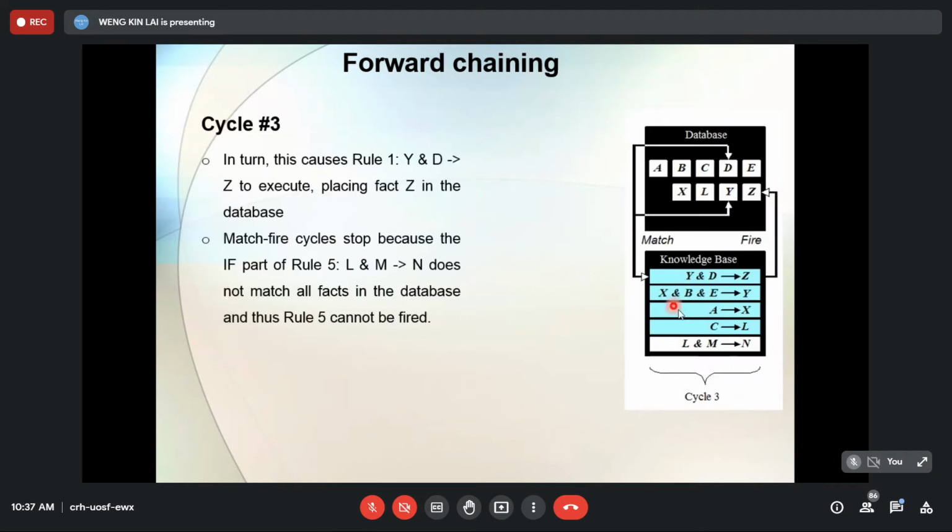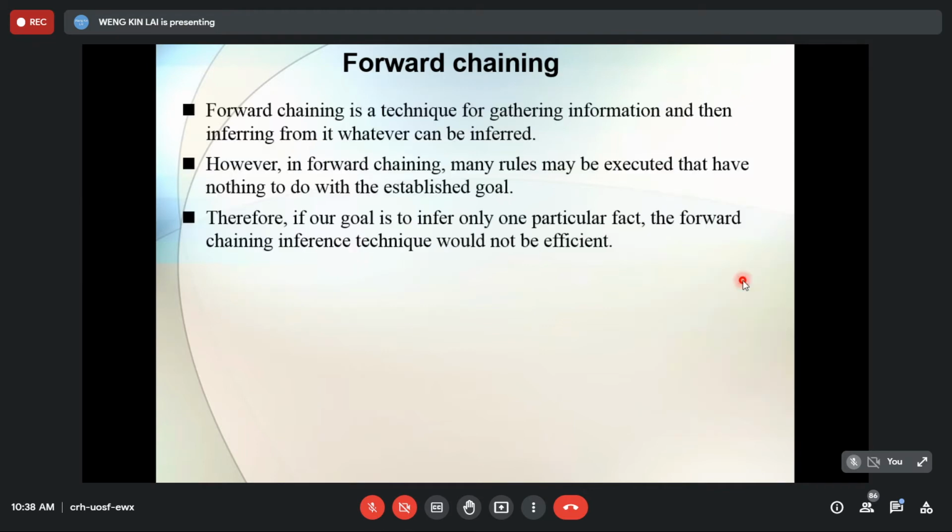Let's say I only want to see when Z is true. I have to process whether Y is true, whether X is true, whether L is true. That is a waste of my processing power. I need to process all this just to find Z. Let's look at it further in the next few slides, and that may become clearer.